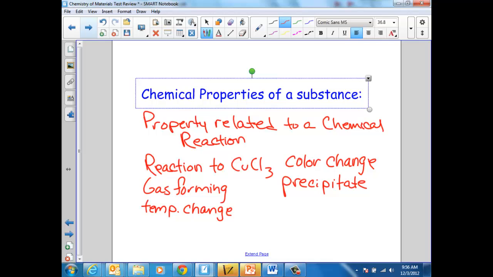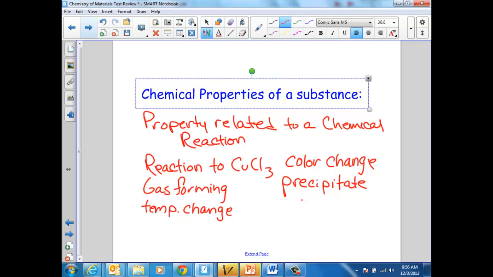Who can tell me what a precipitate is? Ethan? It's like a substance, usually a colloid or a solid, left behind after a chemical reaction. Okay, so it's a solid or a semi-solid, such as a colloid, that's formed as the result of a chemical reaction, usually between two liquids, but we actually saw it between a liquid and a solid, didn't we? When we added the metal to reclaim the metal.